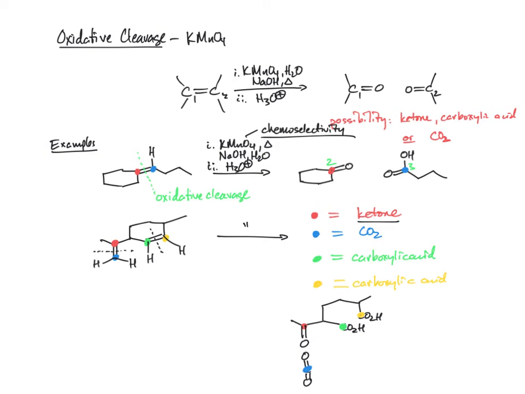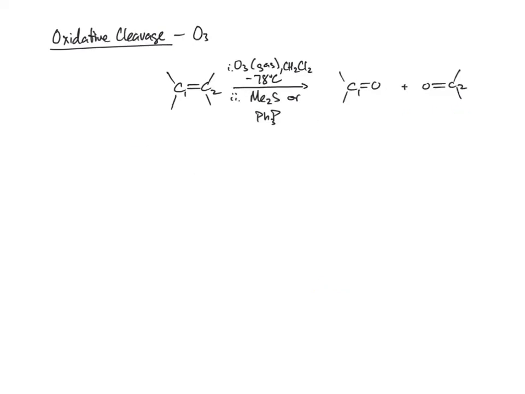So this is called oxidative cleavage with potassium permanganate, and we're doing it under conditions that will oxidize the carbonyls further. What I want to do on the next slide is talk about another set of conditions called oxidative cleavage using this reagent, which is ozone gas.